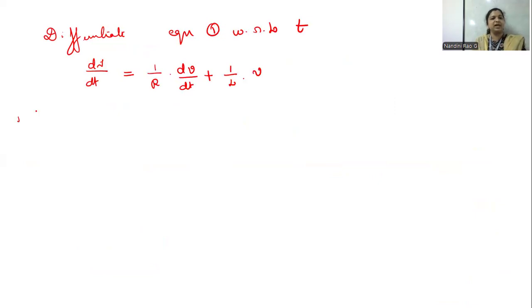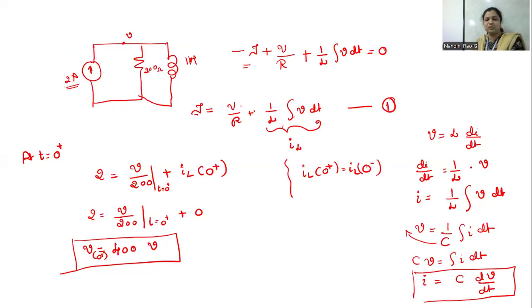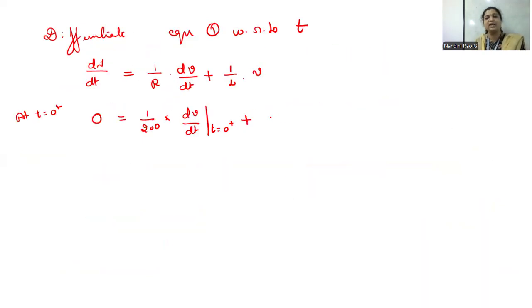Again, I have to do this at t equal to 0 plus. So what is di by dt? 0, because the source current is constant. So 0 equals 1 by 200 dV by dt, which we do not know, so I will write dV by dt at t equal to 0 plus, plus the inductance, which is 1, into V, which is 400.